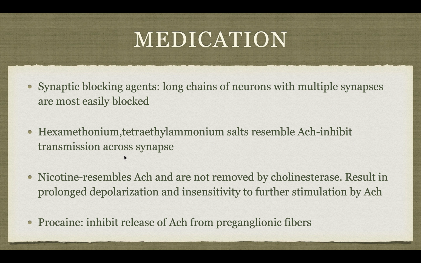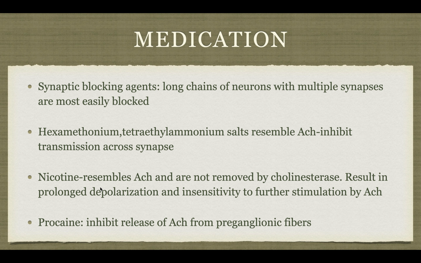Okay, so synaptic blocking agents are going to work best with long chains of neurons with multiple synapses, because you can block one chain and everything downstream of that one neuron is going to be blocked. So hexamethonium and tetraethylammonium salts resemble acetylcholine, and they inhibit its transmission across the synapse.